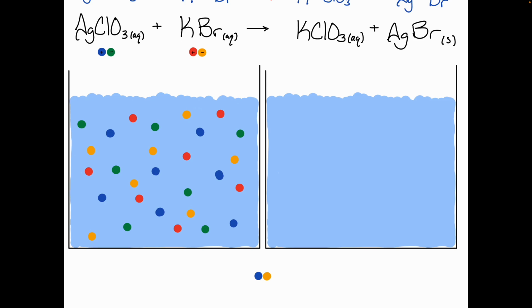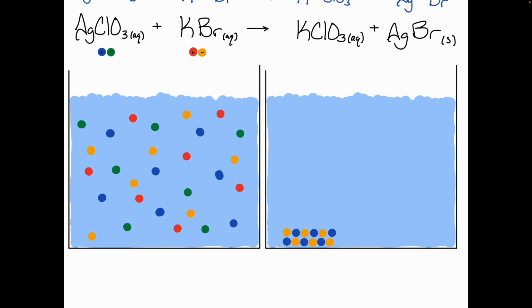So I no longer have this aqueous solution. Now I have these ions that are stuck together, and they're just going to keep on going and going and going. And so I'm going to form solid silver bromide. That solid will start to collect and settle in the bottom of our beaker here.